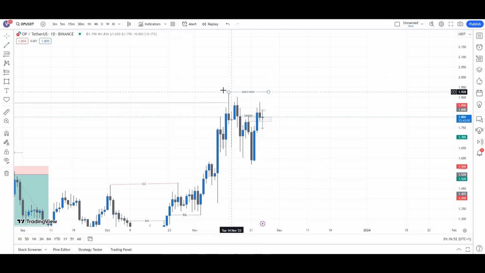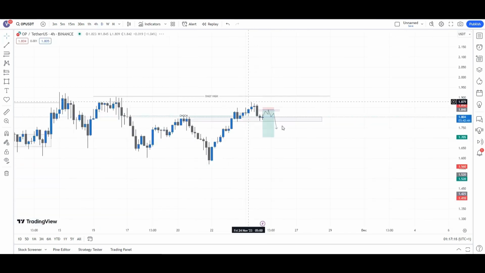So price gave us a daily high that refused to get broken. Price refused to break it. So this is a daily high that was not filled. So we came back here, we also gave a daily high that was not filled. Price tried as much as possible, went down, came back up, but it didn't get to this point, meaning this daily high is still looking bullish. I mean, still looking strong rather. Right, let's go back to the 4 hours so we'll see things clearly.